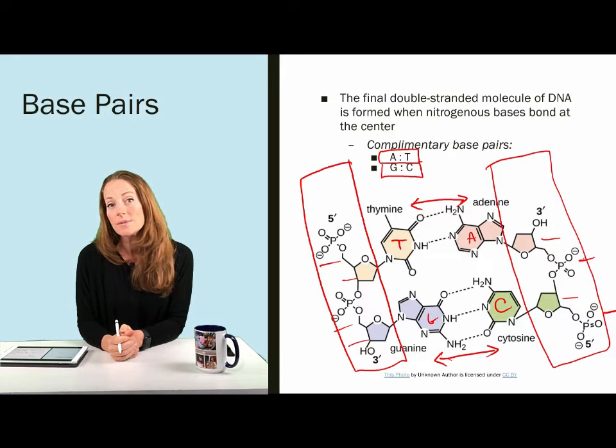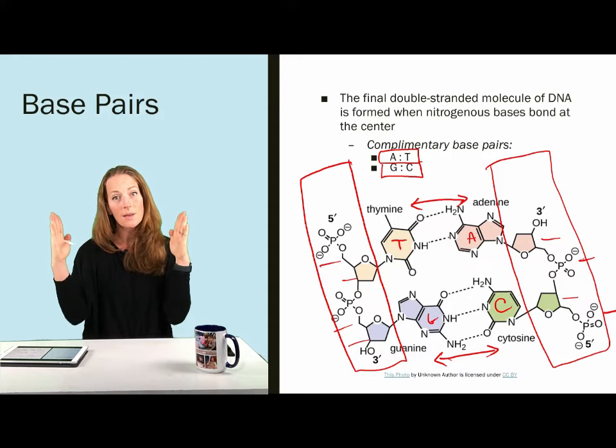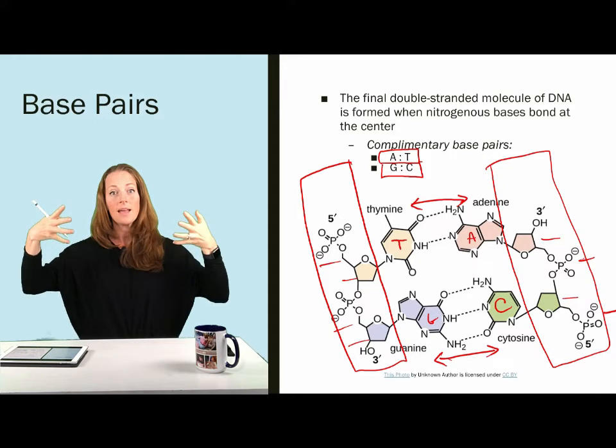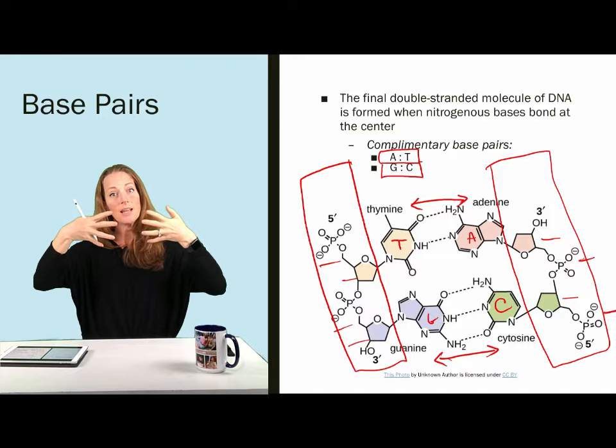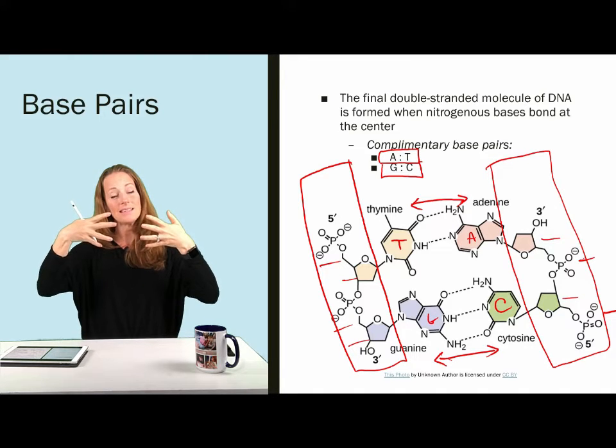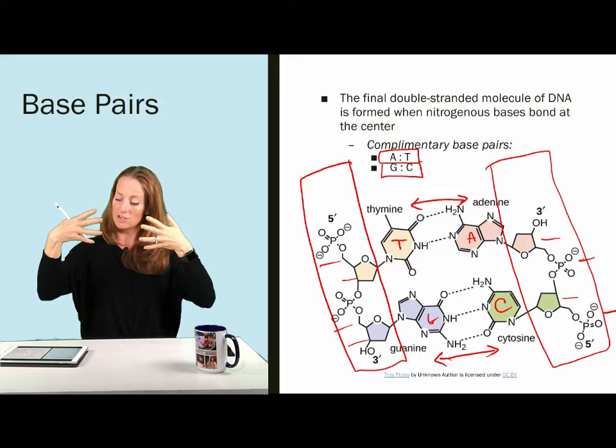And this forms double-stranded DNA with a sugar phosphate backbone on either side and the nucleotides pointed inward, bonding together with these base pairs, A's to T's or T's to A's, G's to C's or C's to G's.